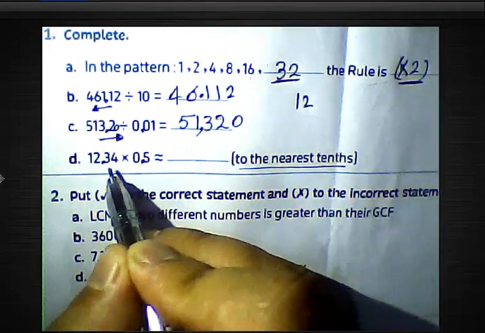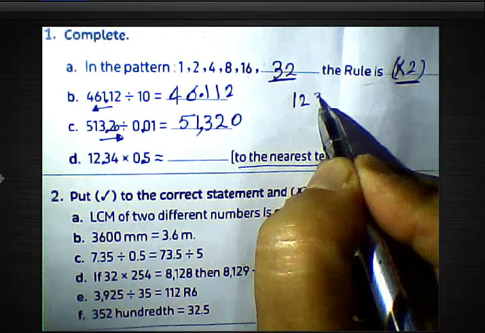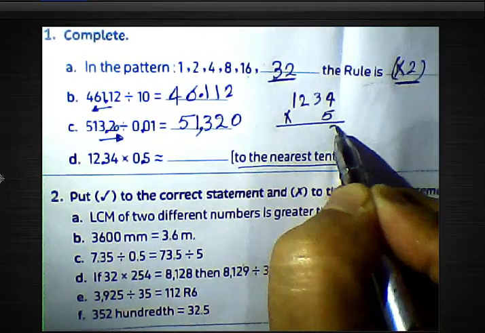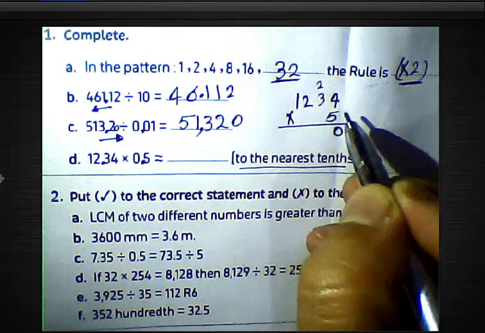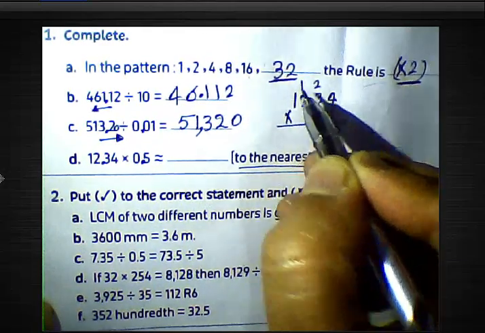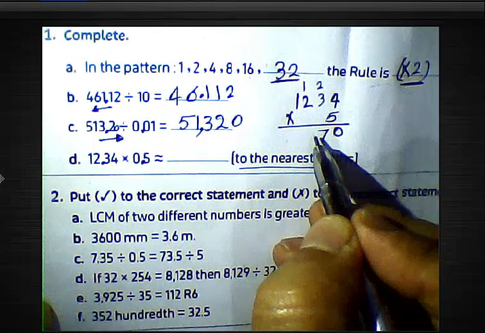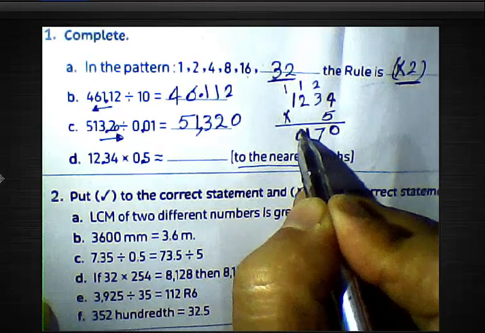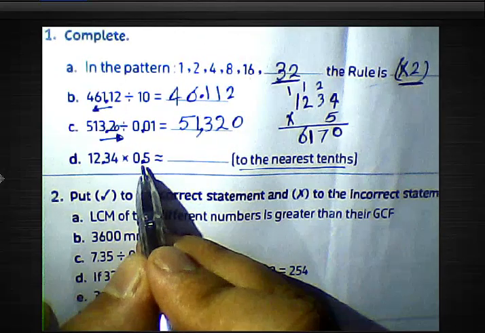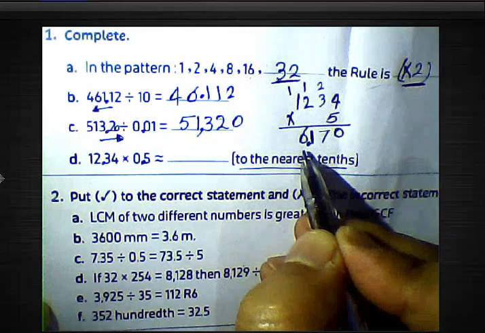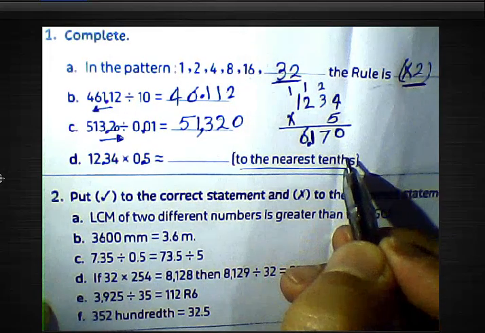We write without the point 1234 multiply by 5. 4 times 5 is 20, 0 and carry 2. 3 times 5 is 15 plus 2 equals 17. 7 and the carry of 1. 2 times 5 is 10 plus 1 equals 11, 1 and the carry of 1. 1 times 5 equals 5 plus 1 equals 6, and the point after 1 and 2 digits will be 3 digits. The result will be 6 and 170 thousandths.